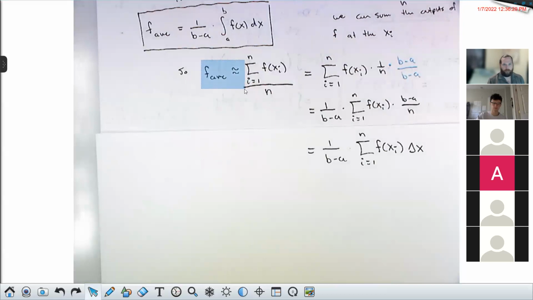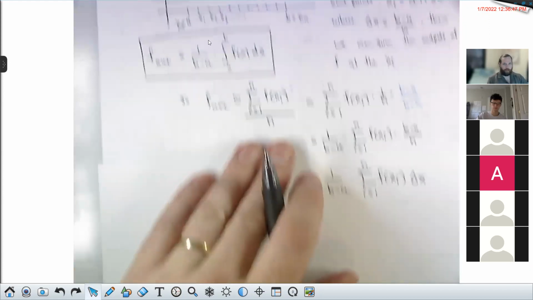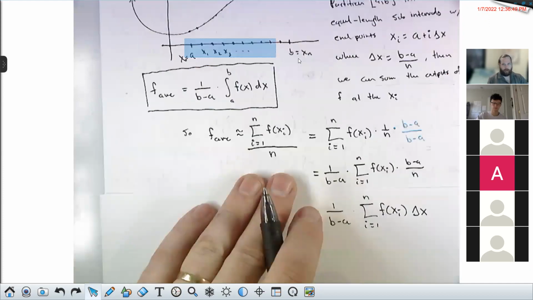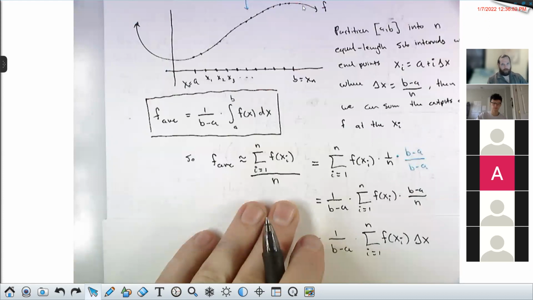Now, we started saying the average value is approximately this sum divided by n, because this sum doesn't have all the values of the function, just the values at the points x1, x2, x3, x4. But if I send n to infinity, that means I send the number of sample points here to infinity, then I really do get all the y values on that curve, right?